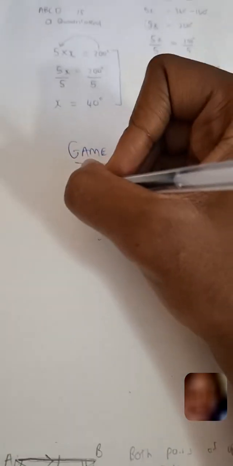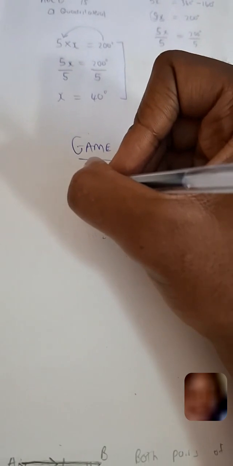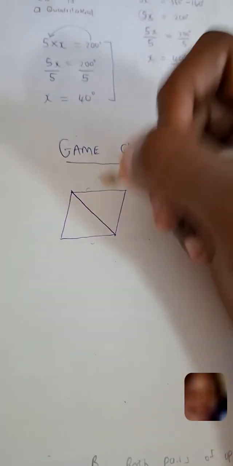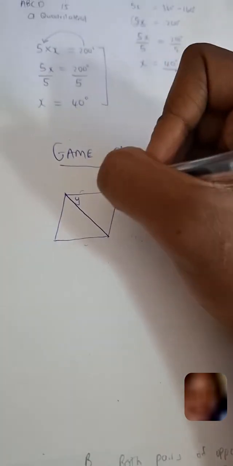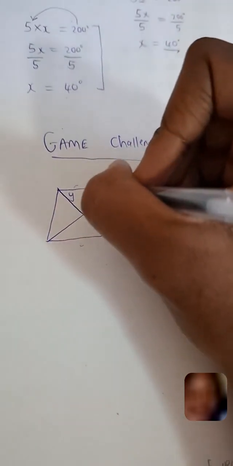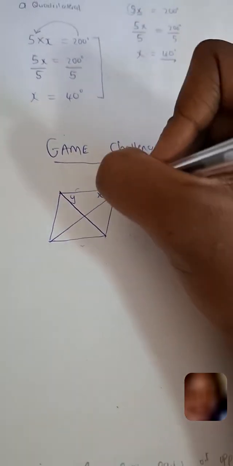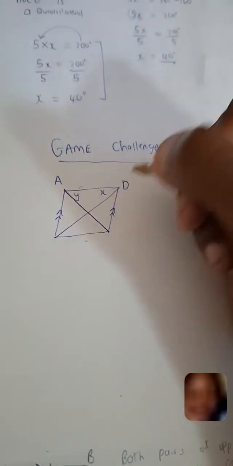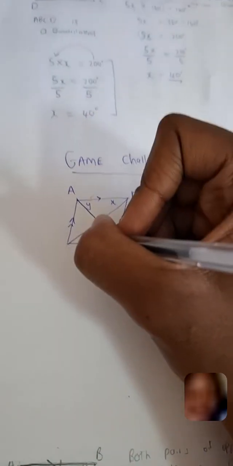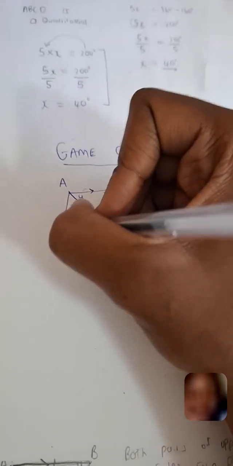So I'll just leave you some game challenge problems here, and then call it a day. Okay, so you don't do these now. You can just take them down, or you can screenshot them, whatever is easier for you. I think screenshotting nowadays is easier.